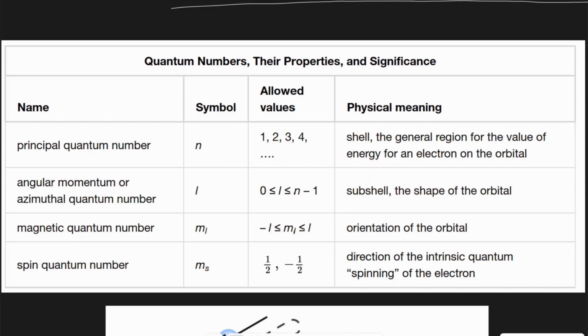So let's go back here and let's discuss the third quantum number. This is going to be based off of the angular momentum quantum number, and the possible values that will exist here are negative L to L, and everything in between that is an integer. If we're talking about L equals 0, and remember that means we're dealing with an s orbital, the only possible value for ML at that point is 0, because there's only one orbital within the s subshell that can hold electrons.